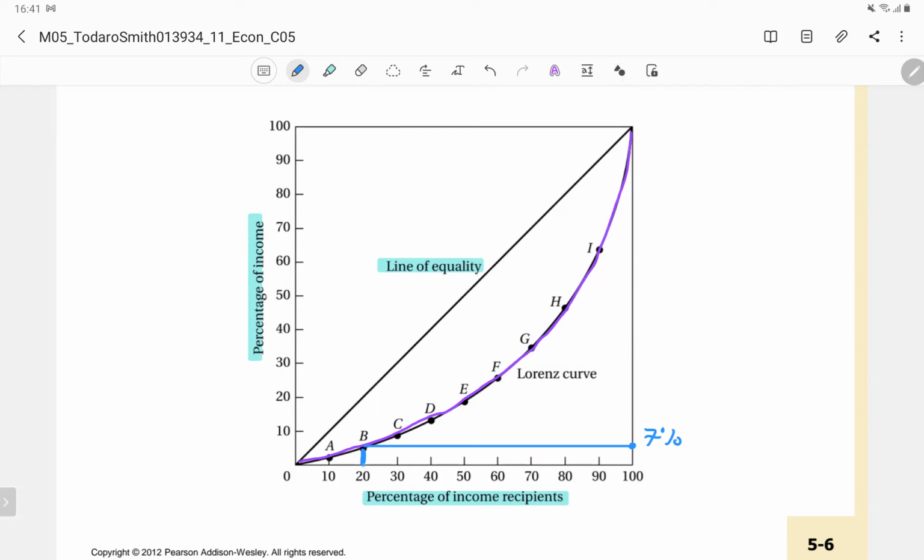So the poorest 20% of the society receive 7% of the total income.